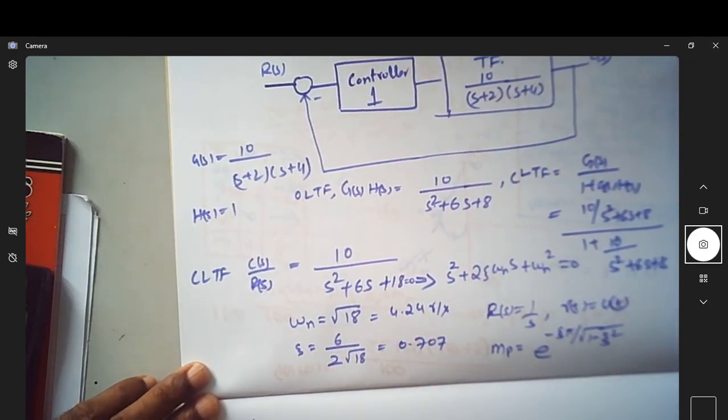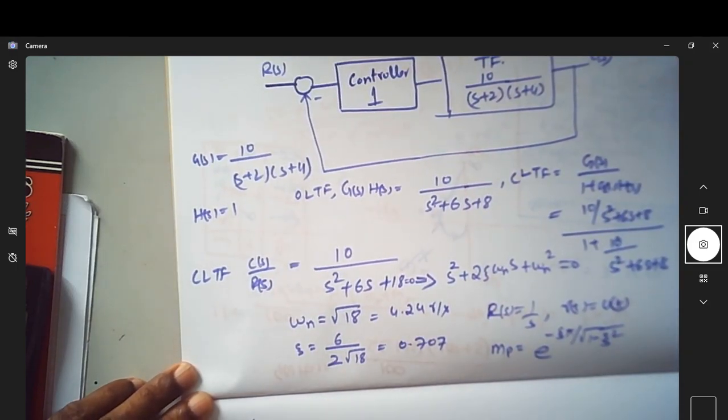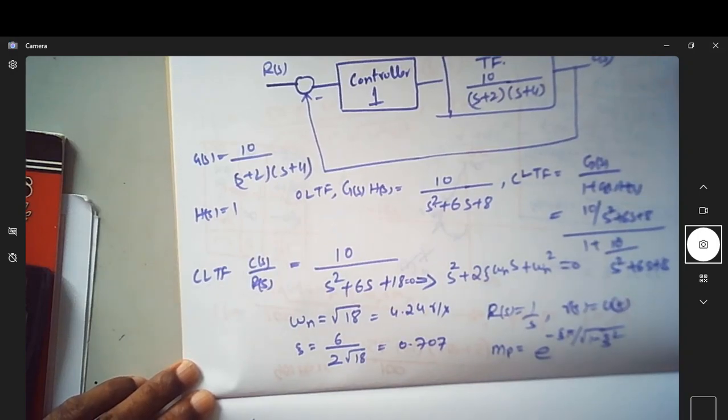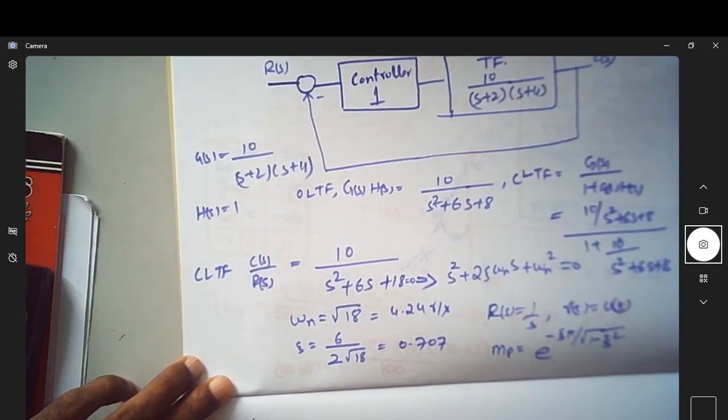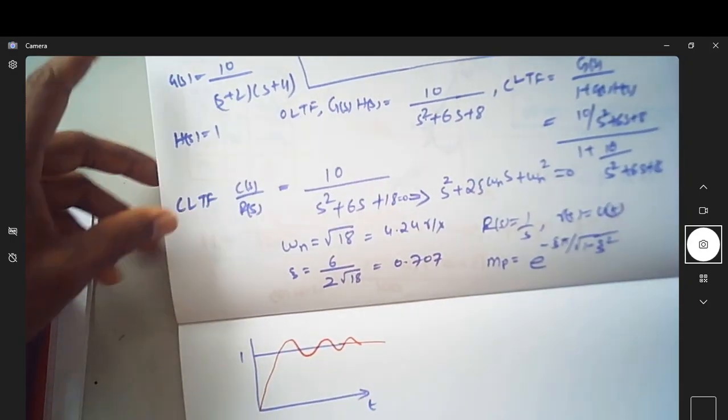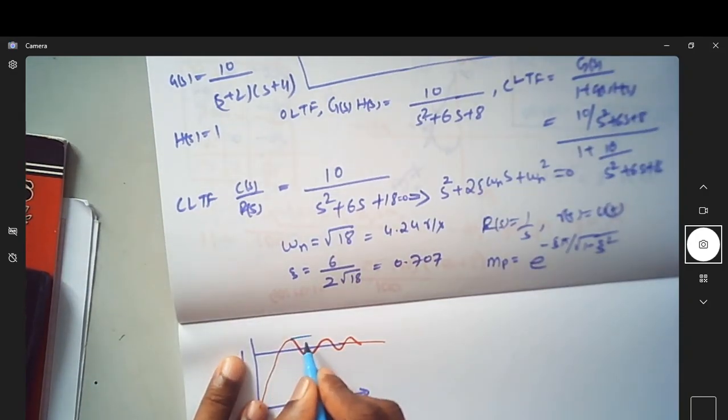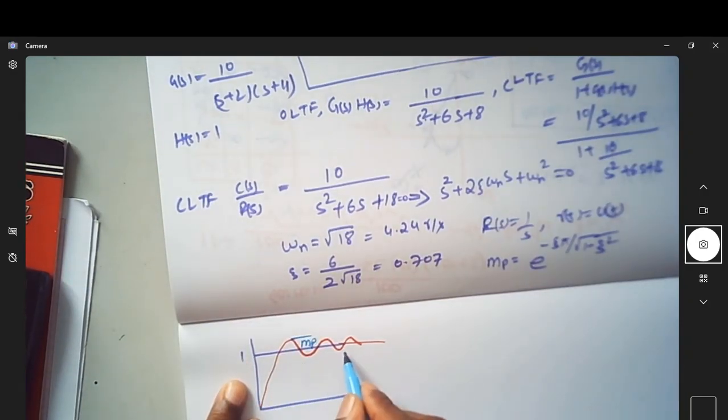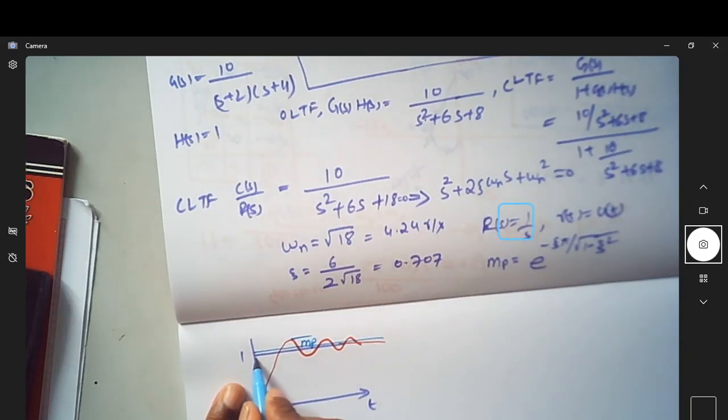Meaning for this system, if I'm applying a unit step input, I know that I'll be getting a response something like this, because it's a second order system. So this is the response I'm going to get. So we are now interested in what is this Mp, and suppose you're considering a 2% settling time, of course 1.02, or this is 1.02, this is 0.98, corresponds to 2% settling time.